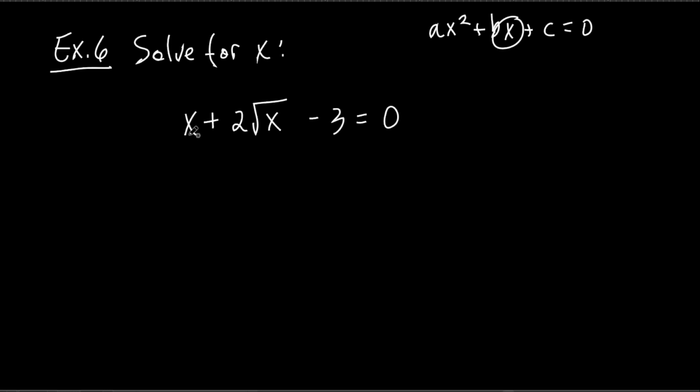So let's do this. Forget about this part right here. Let's just look at this. I want this just to be a variable by itself, right? So what variable have we been using the last 2 examples? U. We've been using u. So Carter, tell me. Well, that's going to be a problem because, I mean, you could, but it's going to be awful because I would have to take this whole thing and square it.